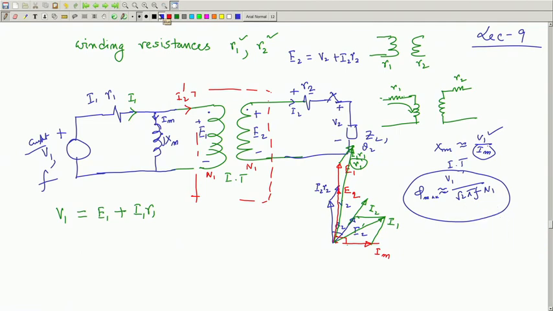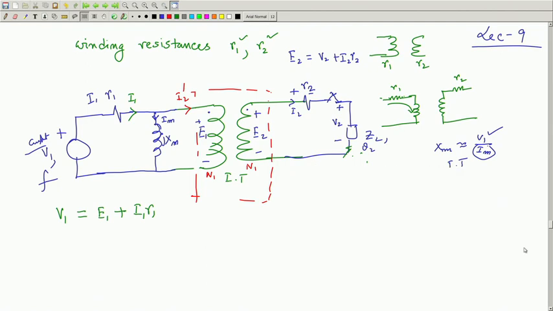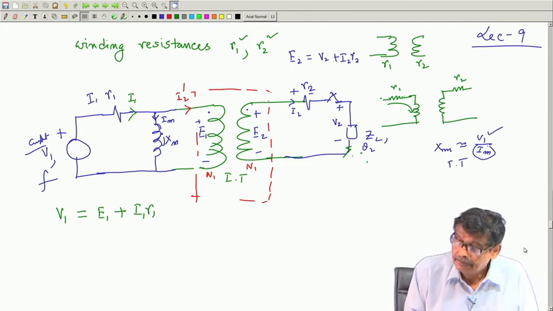I will clean this and once again redraw. But the idea is very important, you must keep this in mind. Okay. So, I am redrawing once again very quickly.